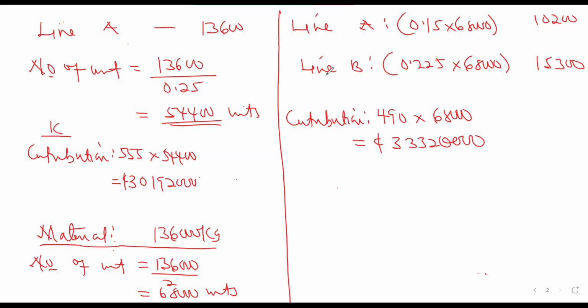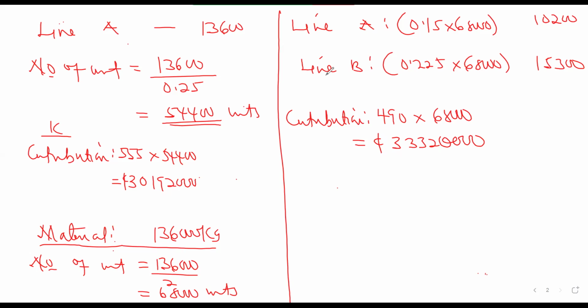If you are producing these products, and you should pass through all the processes, how many units are you going to take through the process, and what will be the resulting contribution? You calculate that. You come to the second one too. If you want to produce this one, what will be the units that will pass through all the processes successfully? You also calculate that, then you multiply by your contribution per unit. Then you can now compare.